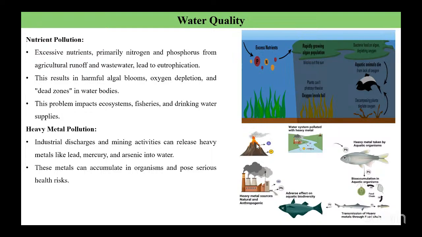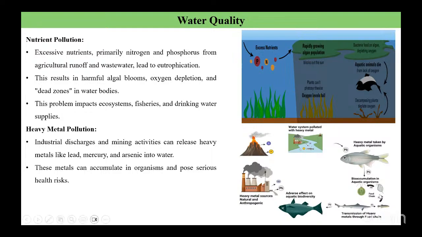Once it is deteriorated, the aquatic organisms again have a problem. So heavy metals are taken up by the aquatic organisms. Heavy metals are nothing but selenium, cadmium, lead, all of these are considered heavy metals. So once the fisheries take up these heavy metals, they bioaccumulate them. So it goes on into the food chain again.